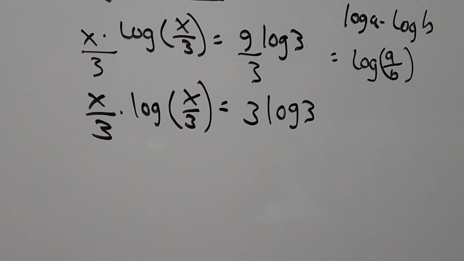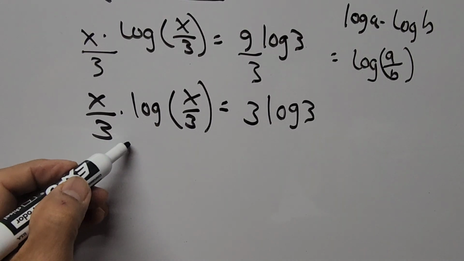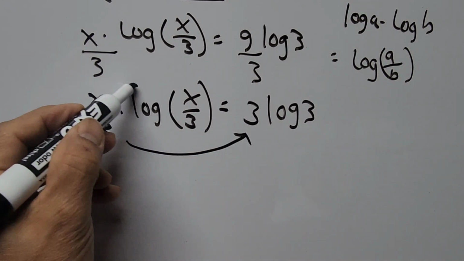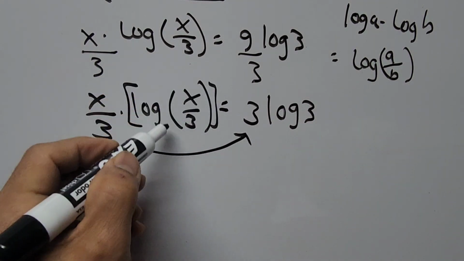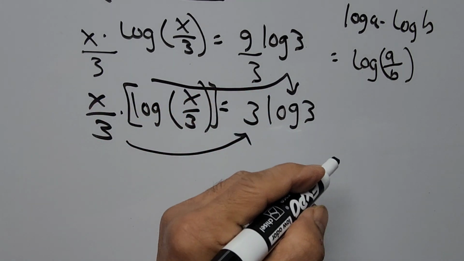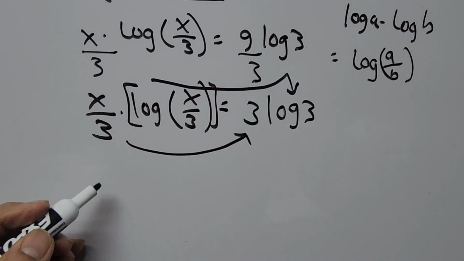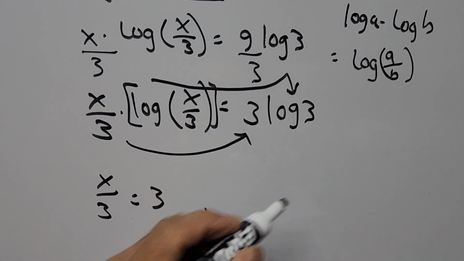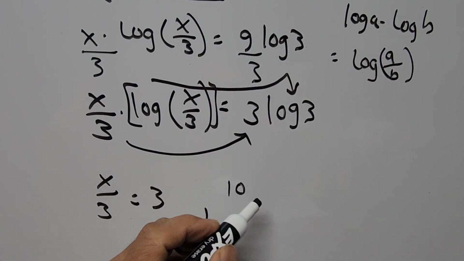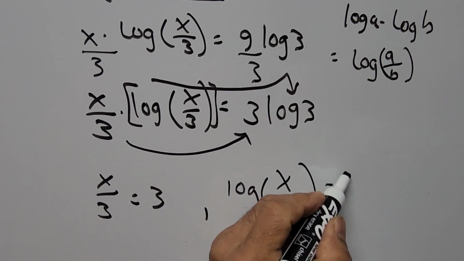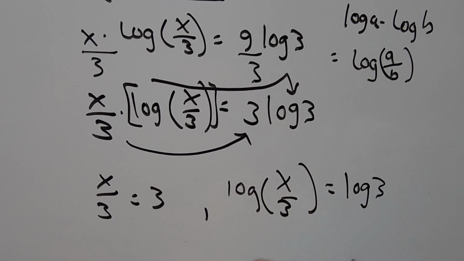By direct comparison, you can tell that x over 3 corresponds to 3, and log of x over 3 corresponds to log of 3. And so x over 3 equals 3, and on the other side, log of x over 3 equals log of 3.